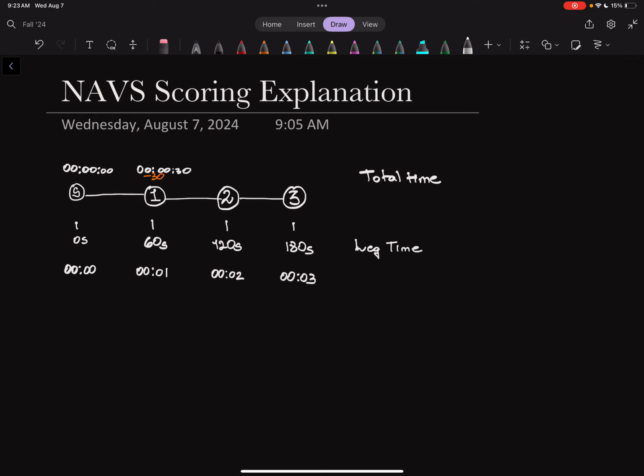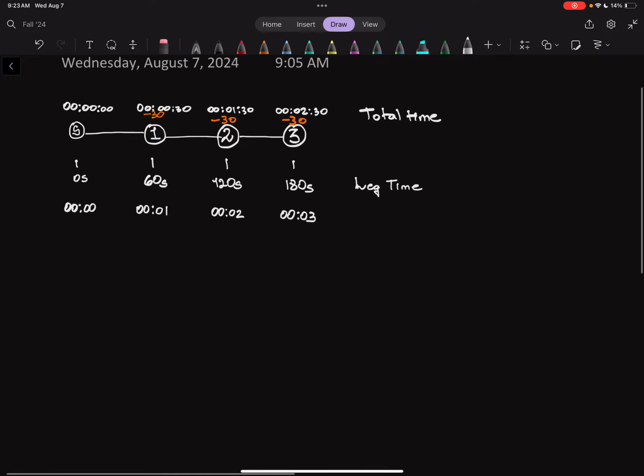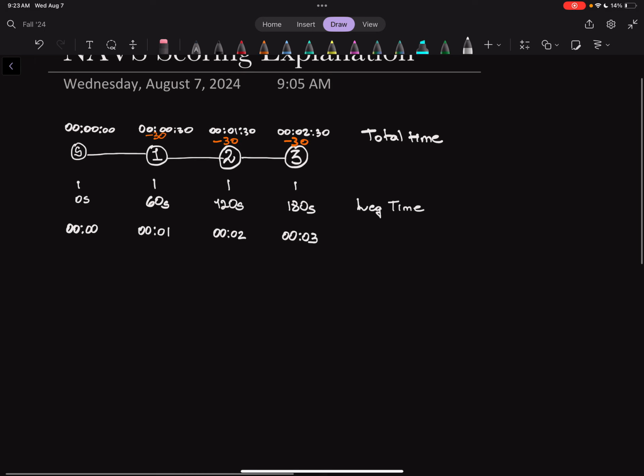But then say that you decide to always stay 30 seconds early till the very end. Then you're going to get here at 1:30, and you're going to get here at 2:30. So you wanted to get there at 3 minutes past midnight, but you got there 30 seconds earlier than that.